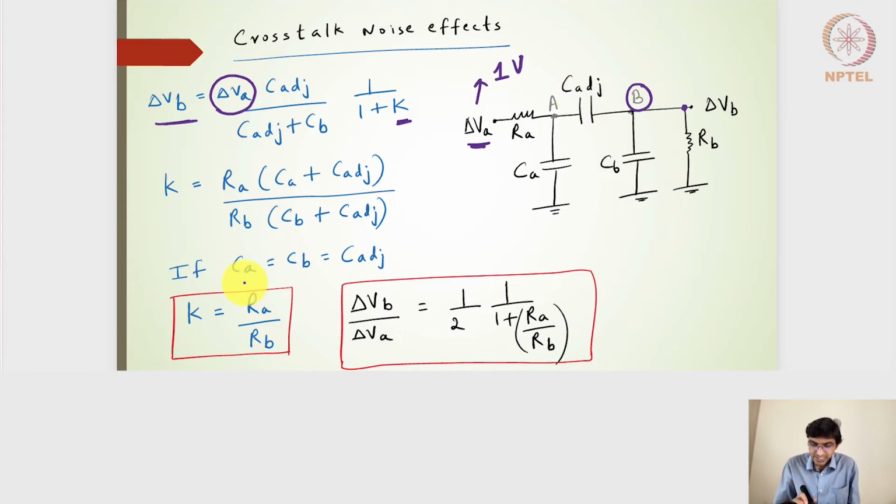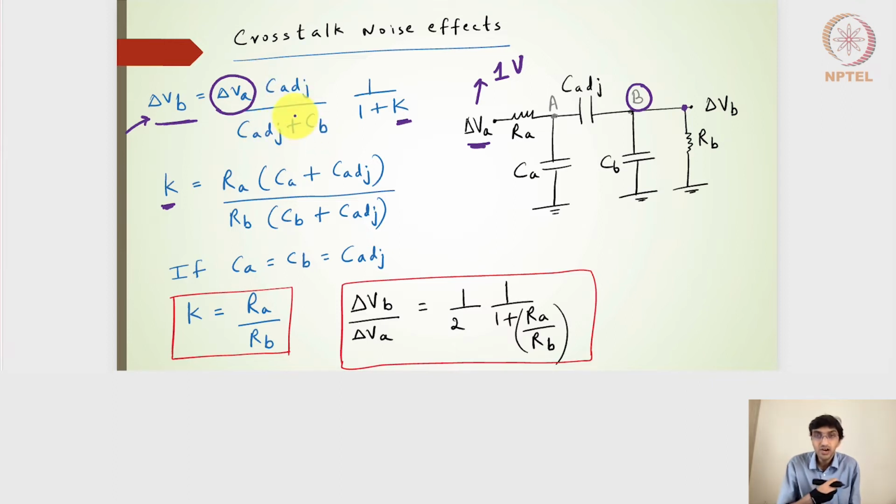Right, just for our simplification, if we consider CA, CB and C adjacent to be the same, then all these parameters will get cancelled. In the factor K here, the CA, C adjacent, CB and C adjacent will get cancelled, and we will be left with RA and RB. So K will be RA by RB. So my overall delta VB, in terms of delta VA, will be nothing but 1 by 2, because C adjacent is equal to CB.